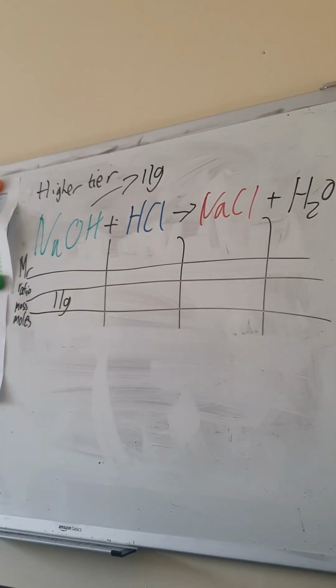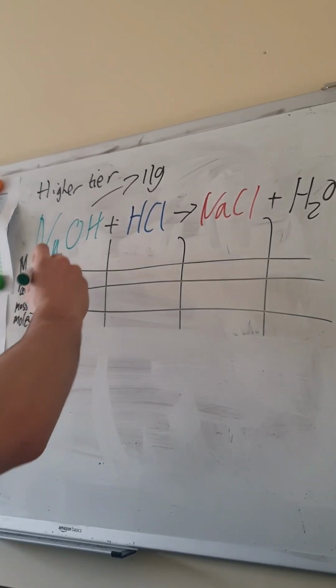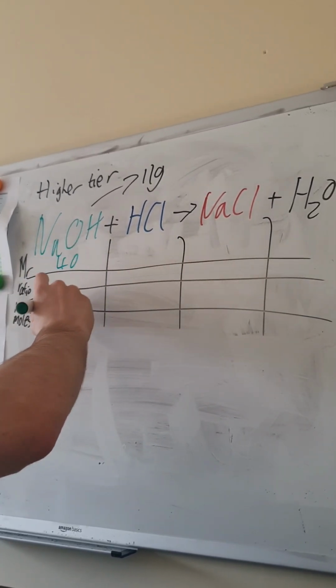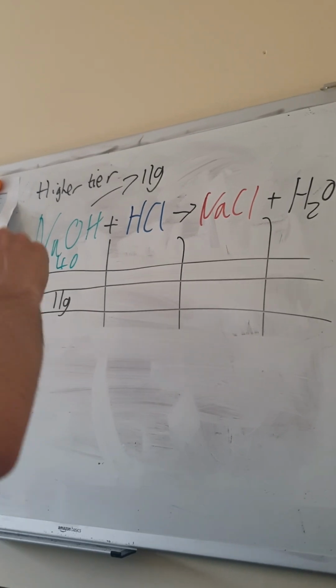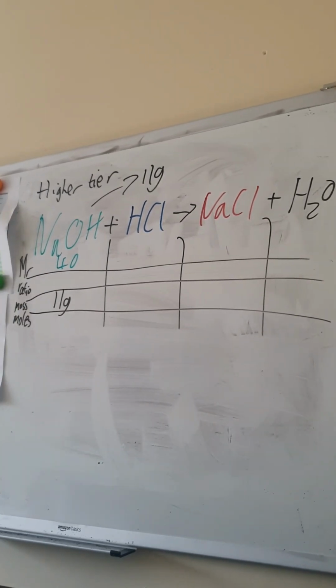And we're going to fill out the rest of the table just from that information. So we can start. Sodium hydroxide, we look at the MR. And that is 40, as we looked at earlier, didn't we? So we have 40, and that's because that's 23 and 16 and 1.